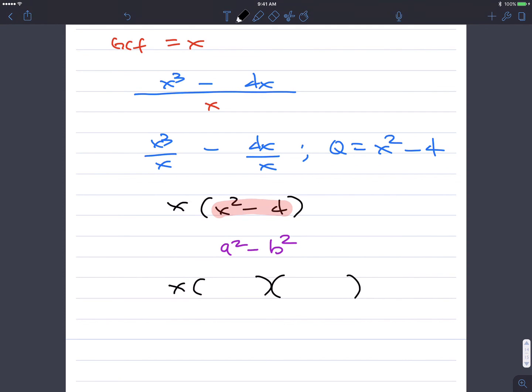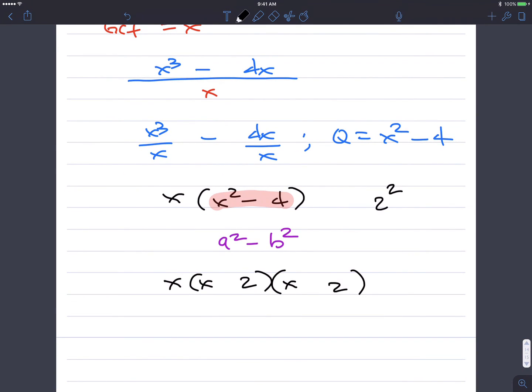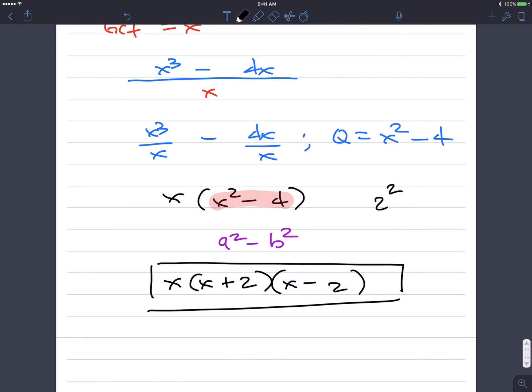So if you worked on all those problems, x squared minus 4, a squared minus b squared. X squared, what's the base? X. 4, isn't that 2 squared? What's the base? 2. Plus and minus. You've factored this completely.